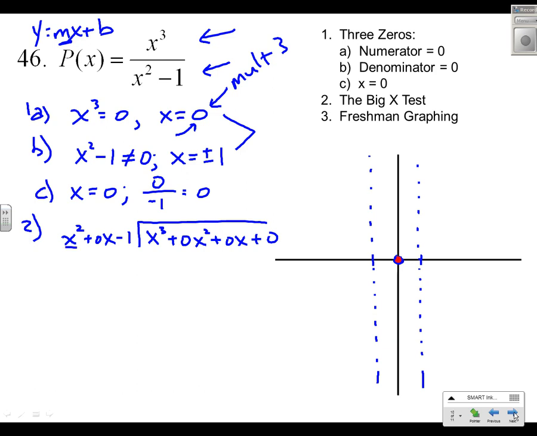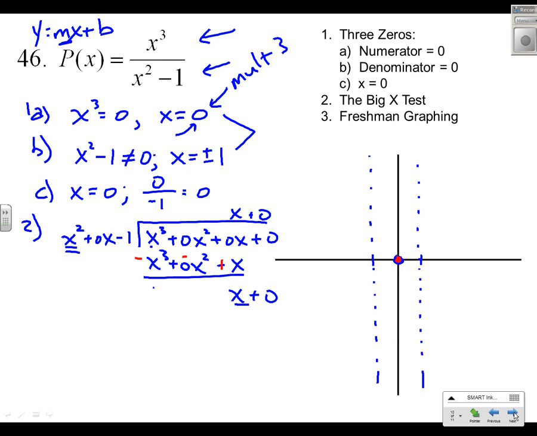X squared goes into x cubed x times, and I get x cubed plus 0x squared minus x, but I am subtracting those, so opposite, opposite, opposite, and I end up with 0x squareds. I end up with just an x here, bring down the 0, and I ask how many times does x squared go into x? 0.